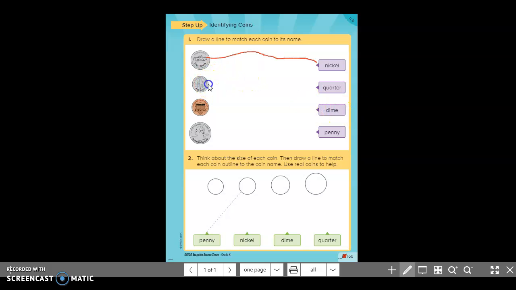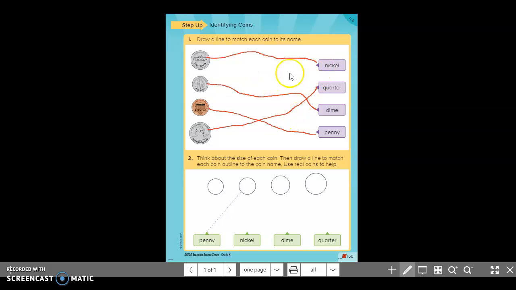Let's match it up. How about this one? Remember that one? That's the first one we started with. That is a penny. See the words here? Lowercase q, lowercase p. Which one do you think it would be? Penny. That's right. And then finally, quarter. That's got to be this last one, right? Only one left. Quarter. Very good.